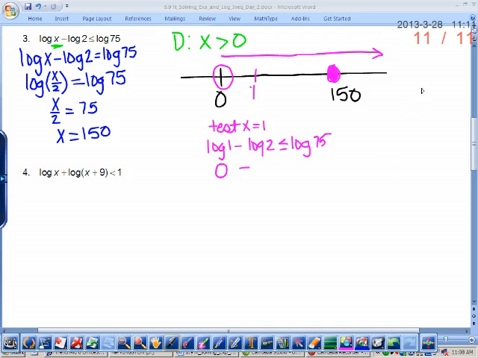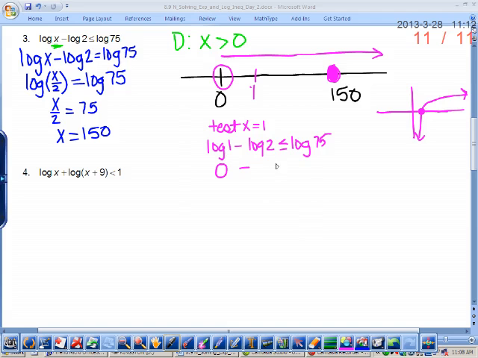It's going to be a positive. Think about your graph of log base 10. You really need to think about your graphs on these problems. Your graph of log base 10 looks like that, right? What is this point right here? 1, 0. So anything after 1 as your argument is going to be a positive number. It's a positive number less than 1, though, because we know that log of 10 is 1.